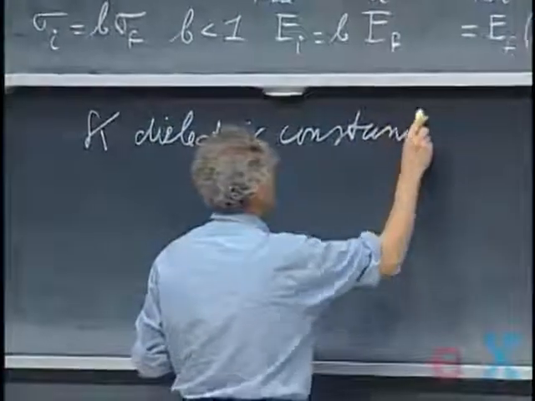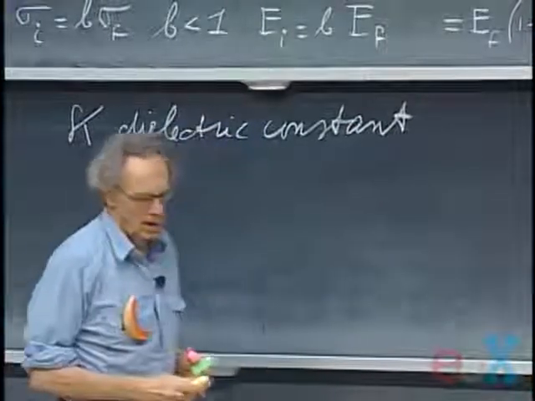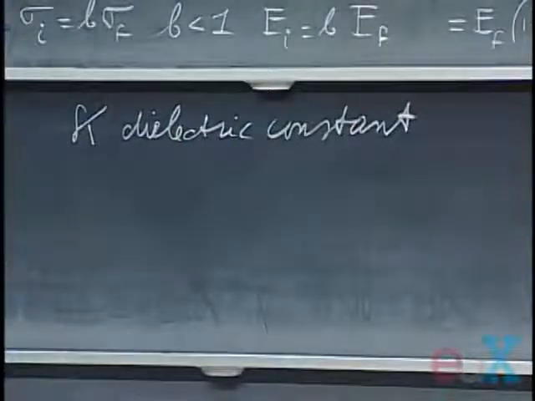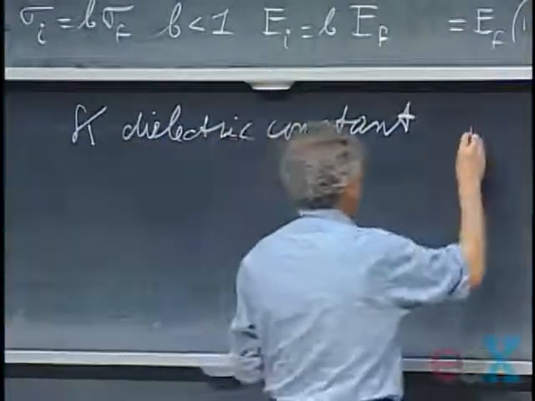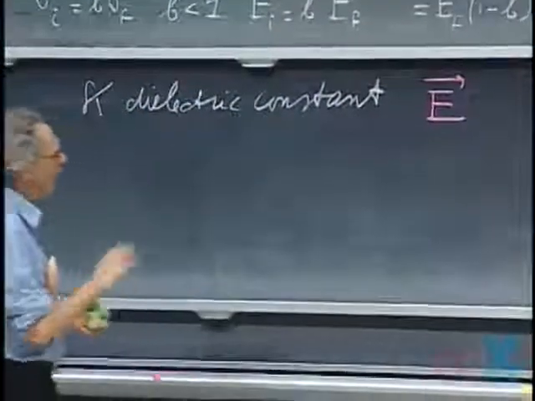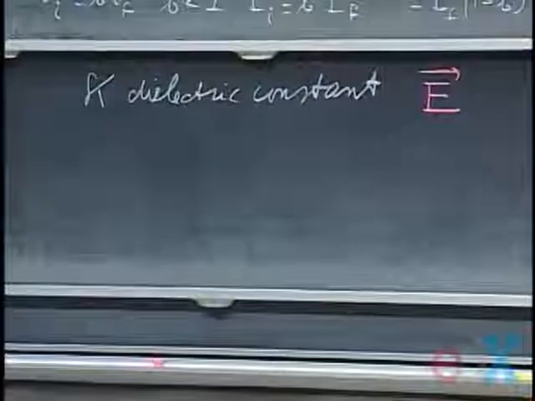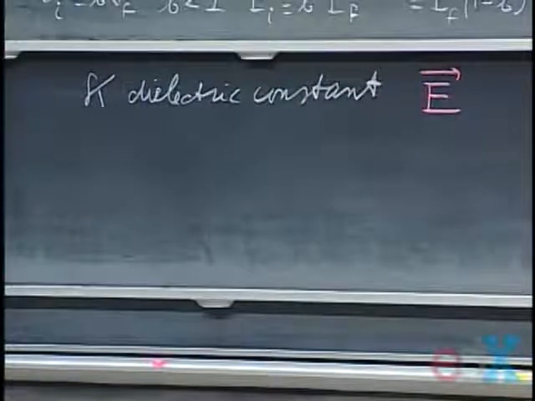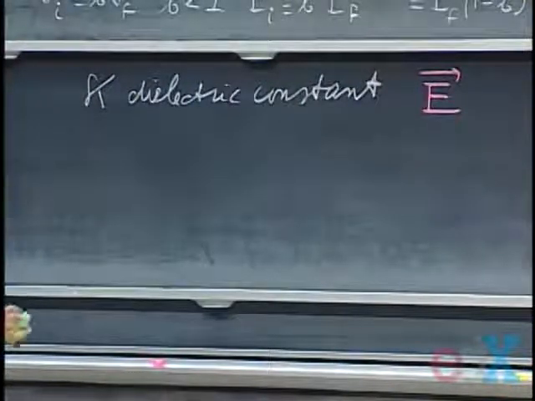It's a dimensionless number. And so I can write down now, in general, that E, and I drop the word net now. From now on, whenever I write E, throughout this lecture, it's always the net electric field. Takes both into account.